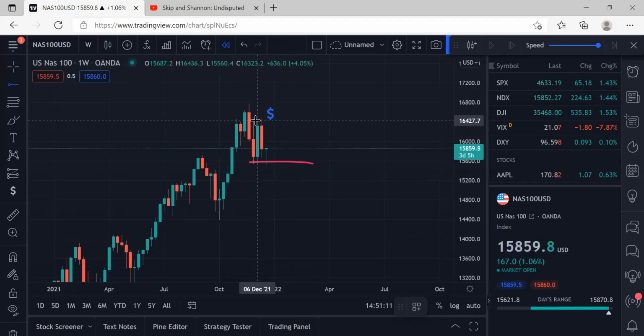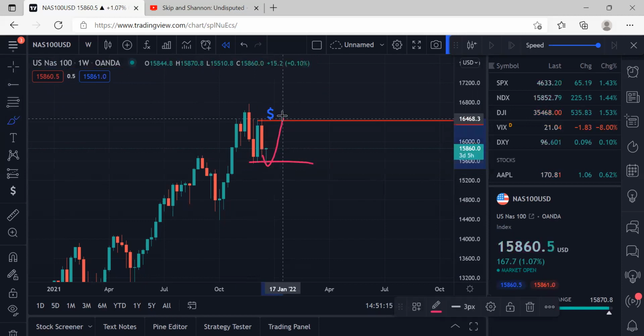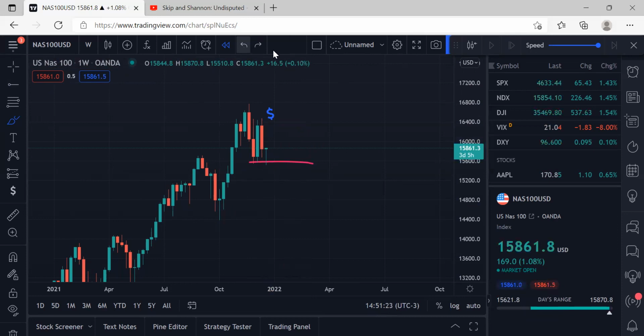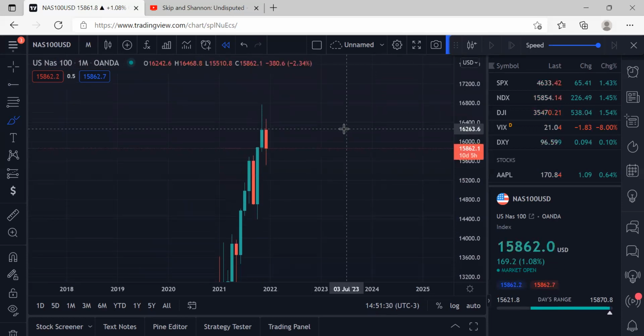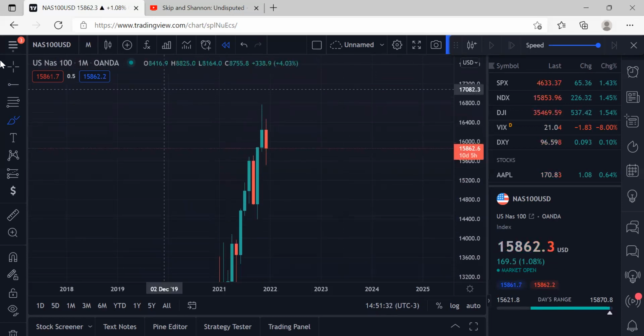That's ultimately the area that I want price to get to from here. Even if price decides to fall back down, that's fine. For now, that's what I'm seeing. All right, so that's it.